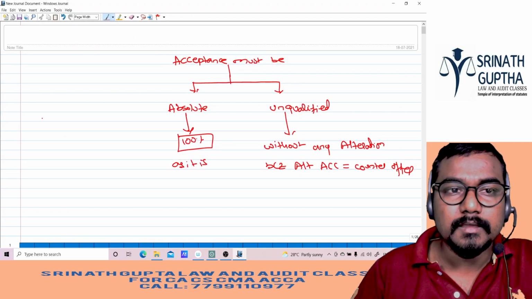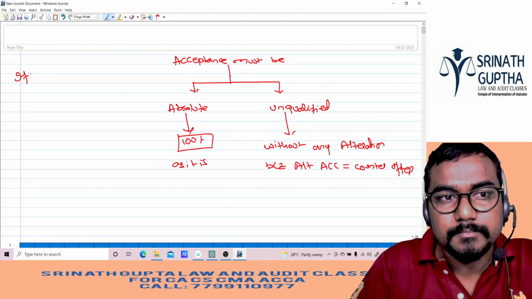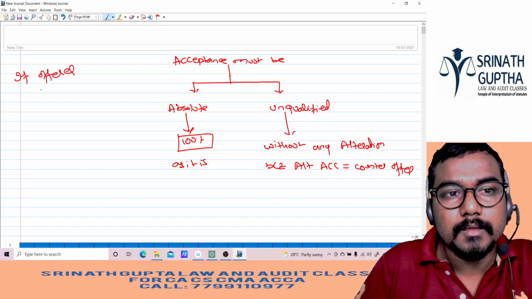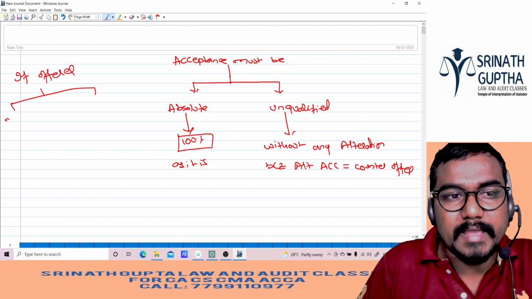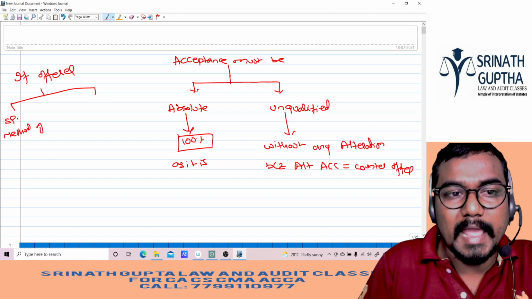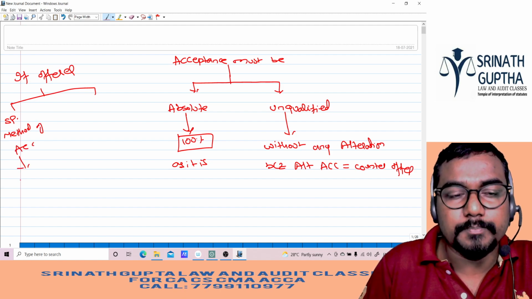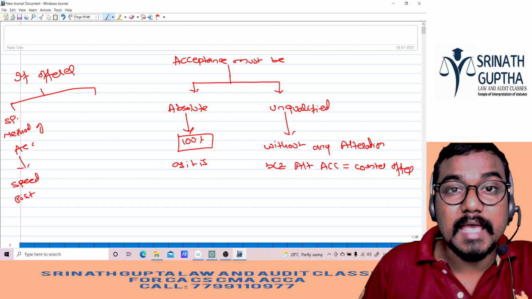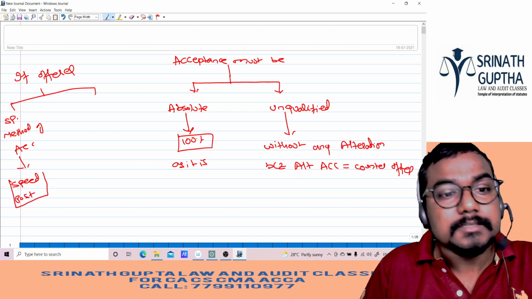What is he saying, beta? If the offerer specifies the method of acceptance, for example speed post, then the offeree has to communicate acceptance only by speed post.